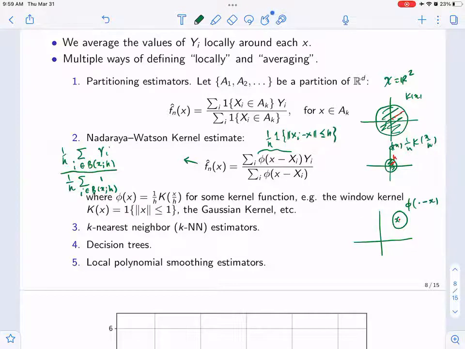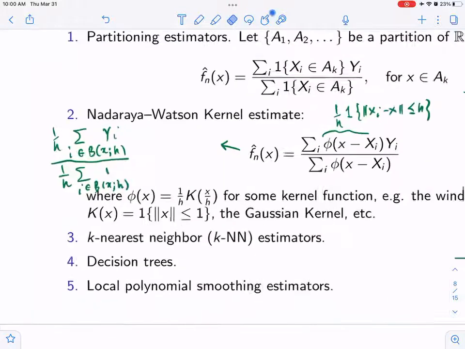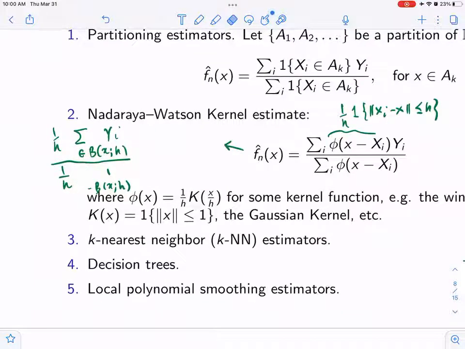So x_i belongs to the ball of radius h centered at x. Sorry, x_i, not x. Correct it a little bit. x_i, here is x_i. Right. So I'm going to average.